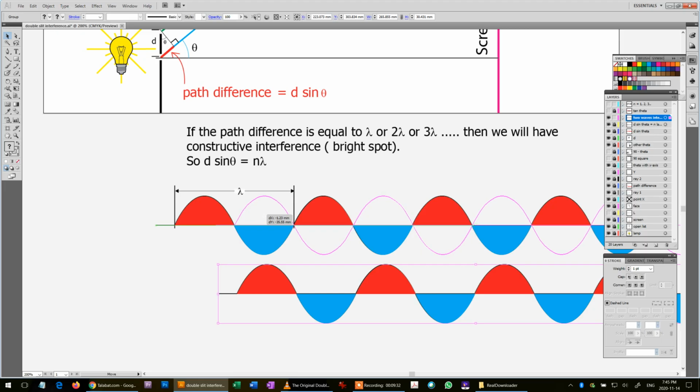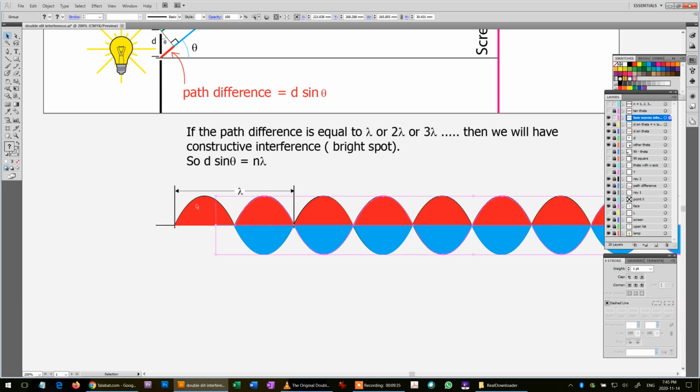The path difference, that means the difference between this wave and this wave, is lambda over 2. So when it is lambda over 2, I will have destructive interference, maximum with minimum, red with blue. I will just kill the light, and that is the dark spot.